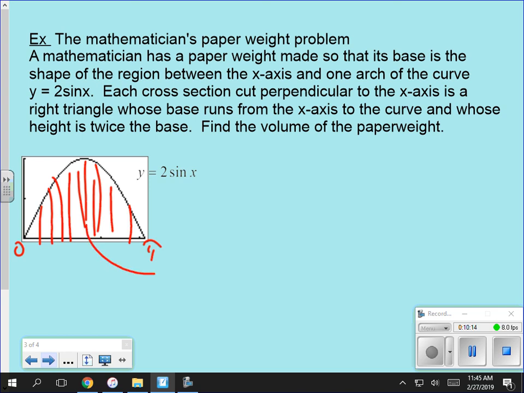These slices are, right, triangles, whose base is the distance between the two curves, 2 sine x, and whose height is twice that. So if this is 2 sine x, what's the height going to be? 4 sine x.